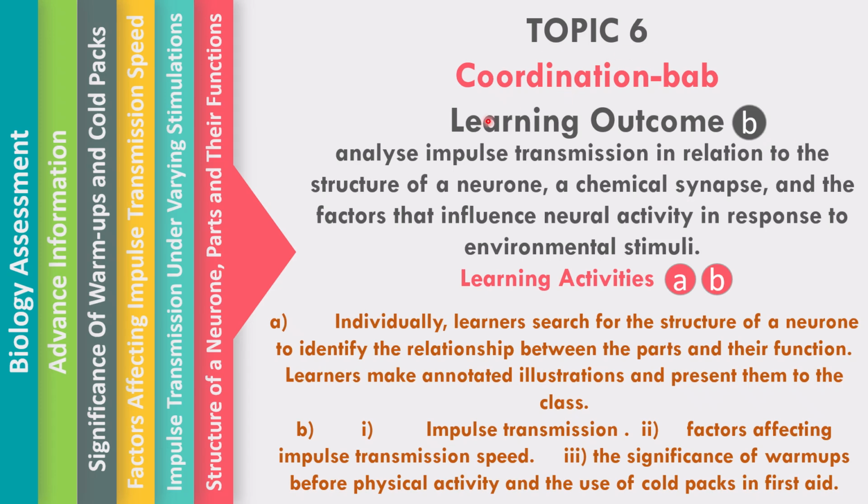Thank you very much for participating in coordination learning outcome B, analyzing the impulse transmission in relation to the structure of the neuron, a chemical synapse, and the factors that influence the neural activity in response to environmental stimuli. We have been looking at learning activities A and B, where the learners should search about the structure of the neuron to identify the relationship between the parts and their functions, and make their own noted illustrations and present them.